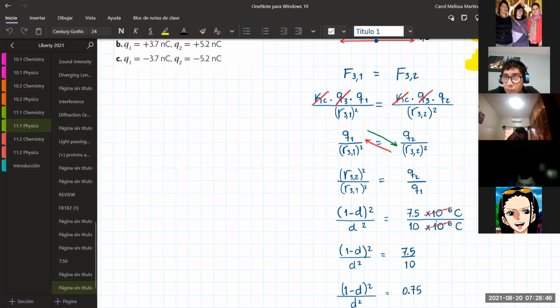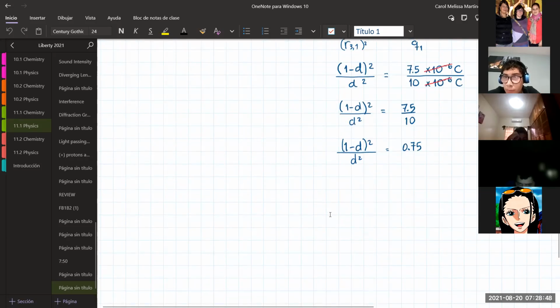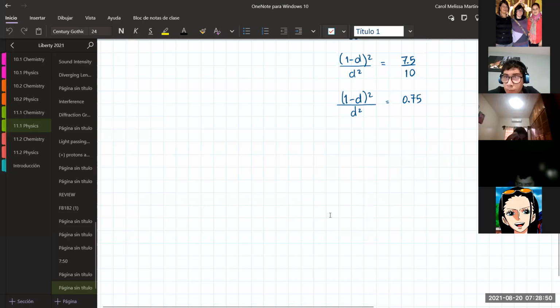Now, so far the process has been very nice, and what we need to do now is apply properties. We need to get rid of this power of 2.